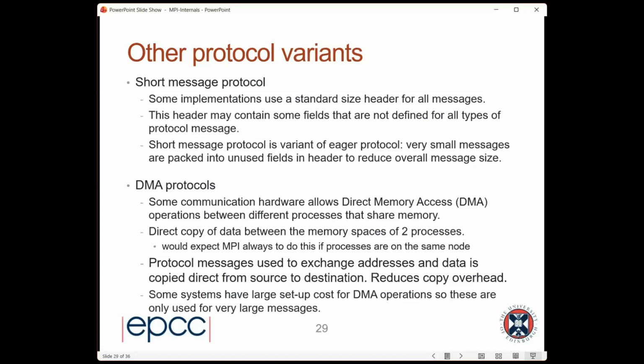Now Blair has asked a very interesting question here, which is, does the threshold depend on the number of processes? So in principle, yes. I have seen systems in the past where the obvious thing is to reserve a buffer for an eager message from every possible source.